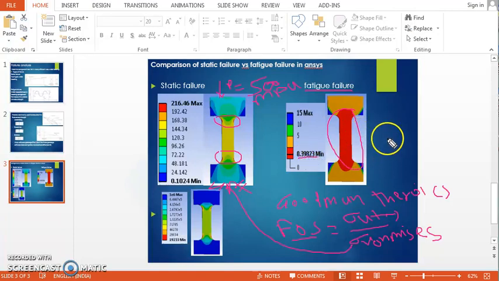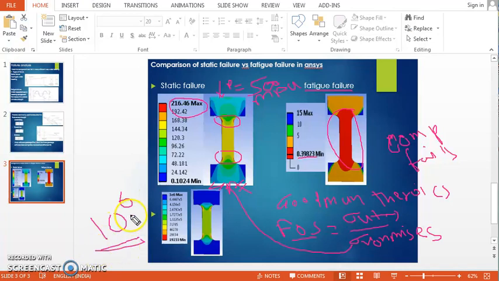It means your material, your component fails much below this value. Also, while carrying out fatigue failure, we have taken the 10⁴ cycle life.